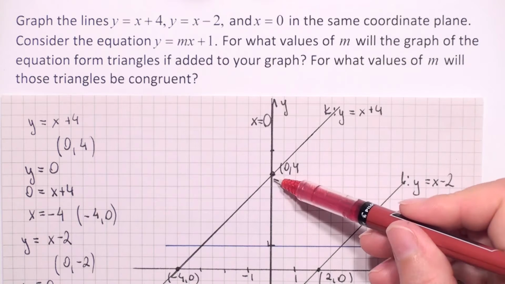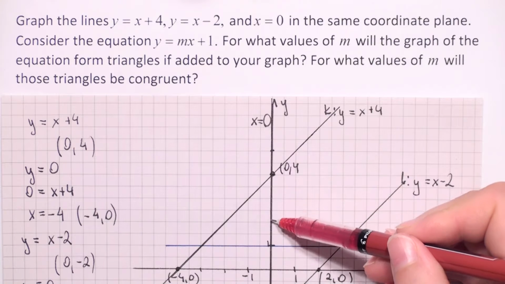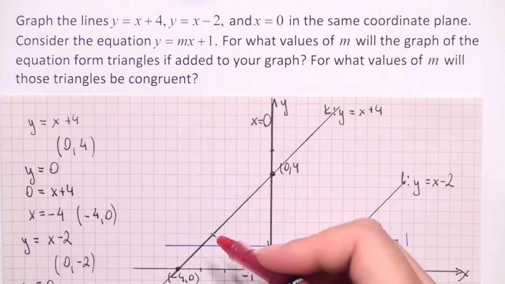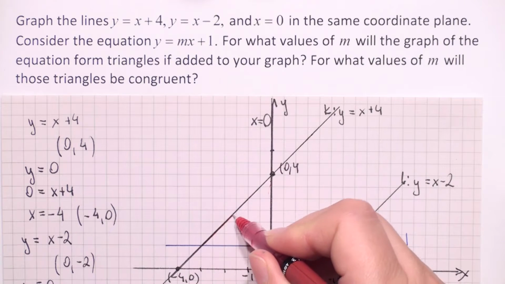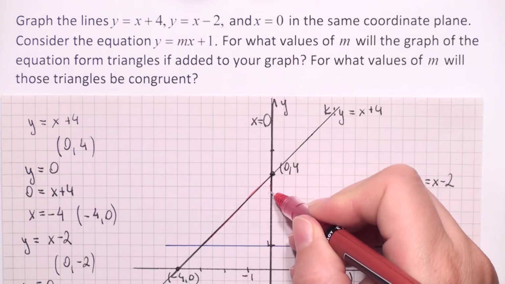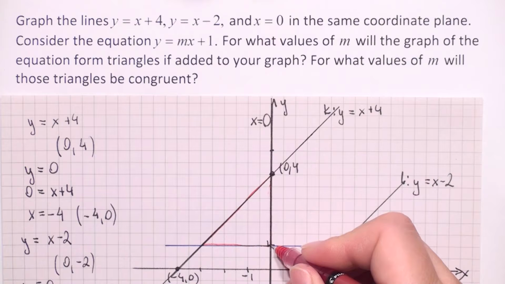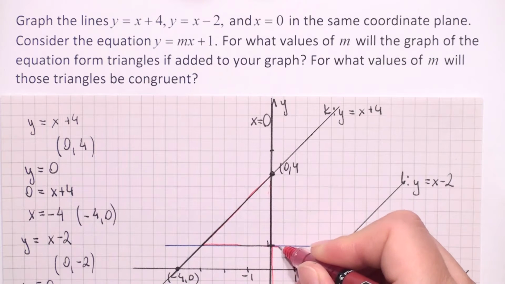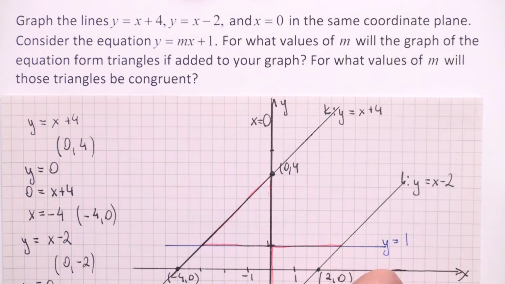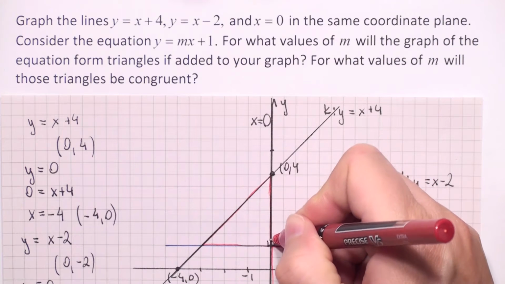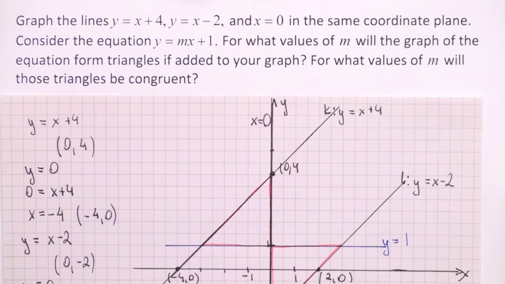This is one triangle, and this is our second triangle. Now we have to check if these triangles are congruent.